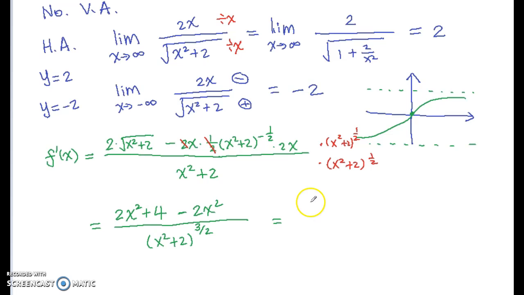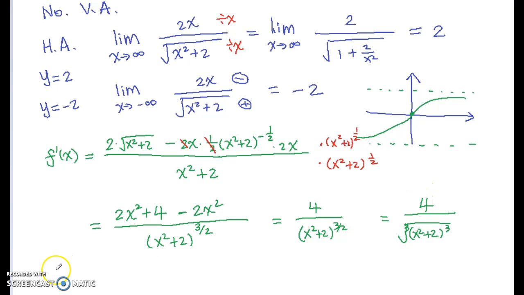So what we get is 4 over (x squared plus 2) to the 3 over 2 power, which is the same as 4 divided by the square root of (x squared plus 2) to the 3rd power. So that is the derivative.